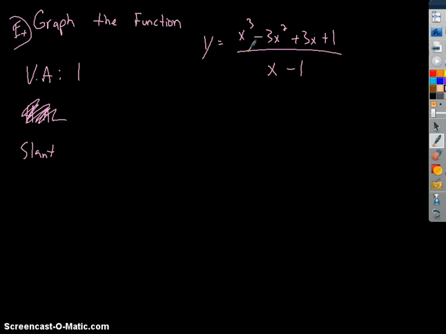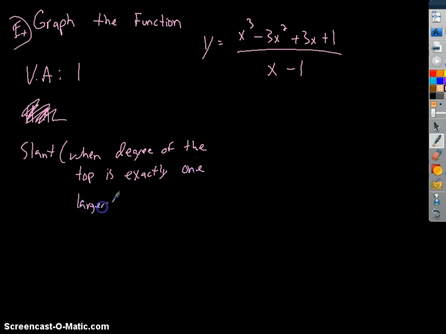A slant asymptote ends up being a linear function. It exists when the degree of the top is exactly 1 larger than the degree of the bottom.